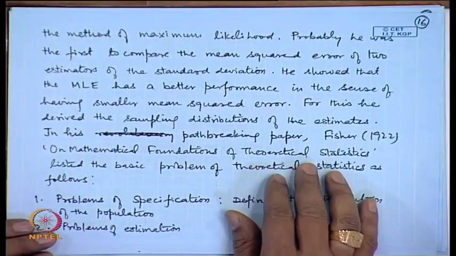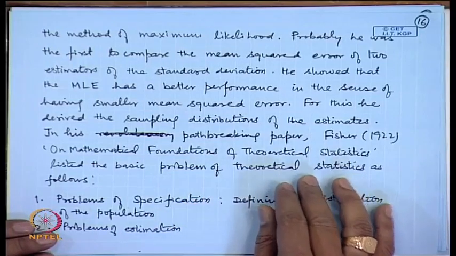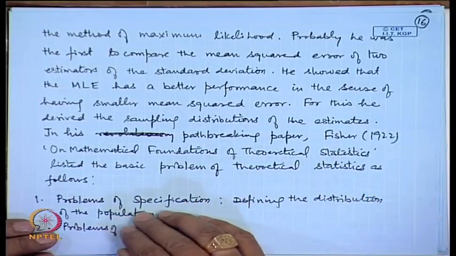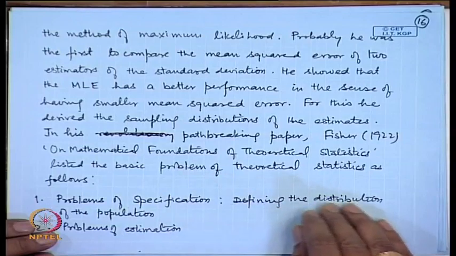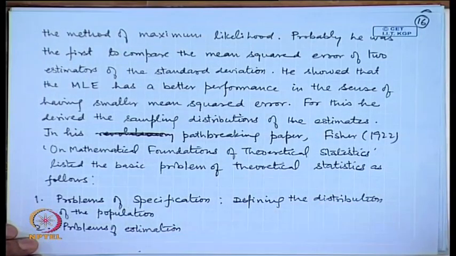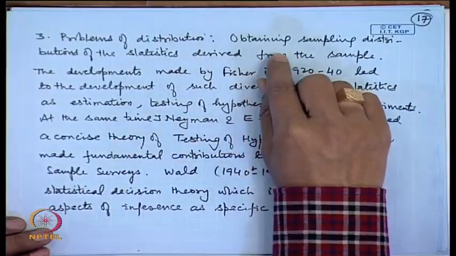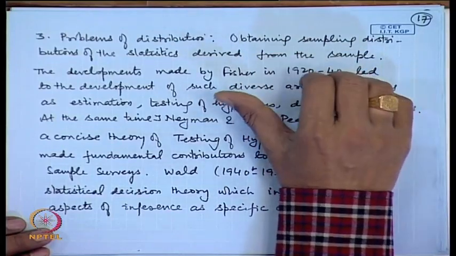Probably the fundamental, path-breaking paper is the one in 1922, called the mathematical foundations of theoretical statistics, where he listed the basic problems of theoretical statistics: firstly the problem of specification, that is defining the distribution of the population; second, the problem of estimation; and third, the problem of distribution. That means, how to judge the goodness, or evaluate the performance, of the estimators.